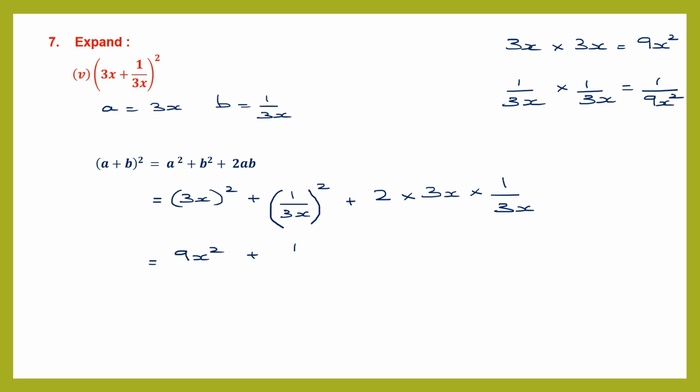So this becomes 1 by 9x square. Now here we can cancel a few things. We can cancel 3 and 3, x and x. So I can cancel 3x and 3x. Now what is left? I have to multiply. 2 ones are 2. So this is our final answer: 9x square plus 1 by 9x square plus 2.